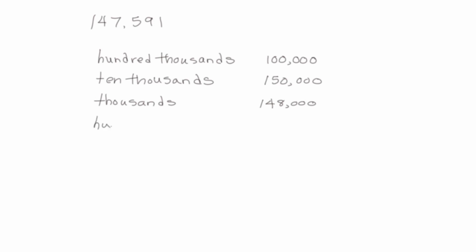Now I'm going to round to the hundreds place. So my 100,000 stays the same, my 10,000 stays the same, my thousands stay the same, and I'm looking at the hundreds. So it could stay at 500, or it can round up to 600. 591 is much closer to 600 than it is to 500, so I'm going to go up to 600.